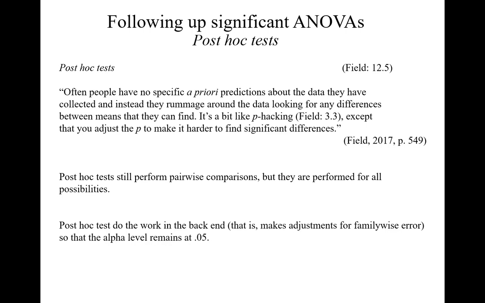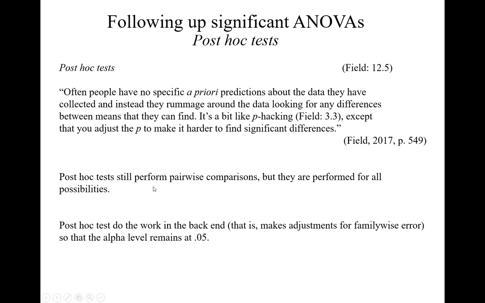So p-hacking is just looking for a significant result amongst all the data without having hypotheses or predictions about it, which is frowned upon, because if you just keep looking for significant results in a whole bunch of analyses, then you're bound to find one. It just doesn't mean much if you haven't set out to find that kind of difference, in a nutshell.